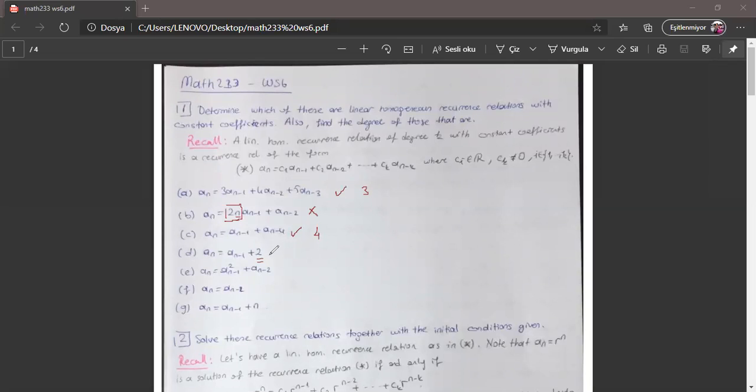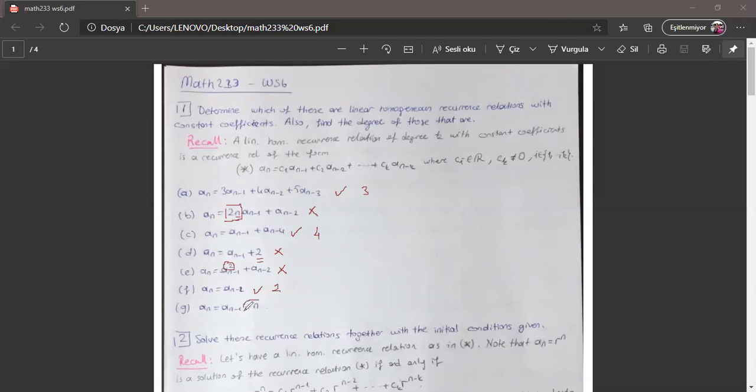No value with change. As we don't have any variable here and some constant only, this is not homogeneous. That's why it's not a linear homogeneous recurrence relation. What about this? We have here squared. That's why, again, it's not. And what about this? This is exactly a linear homogeneous relation, and the degree is 2.